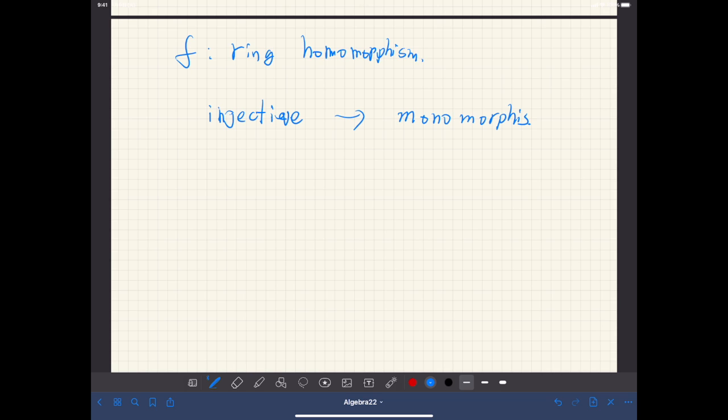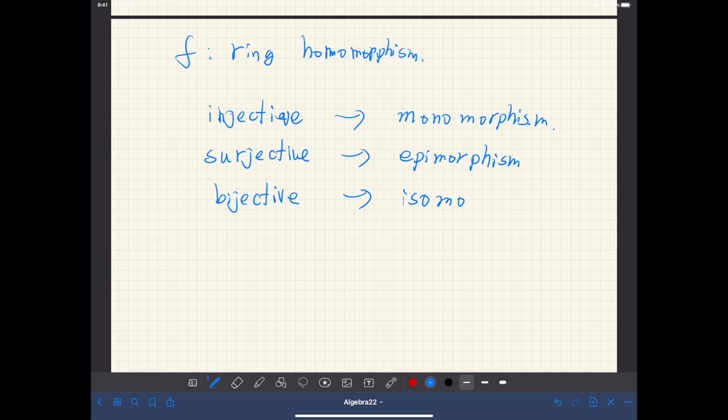And in addition, if it is a surjective homomorphism, then we say epimorphism. So the same terminology as group homomorphism. And if it is bijective, we say isomorphism. Okay, so just like group homomorphisms.